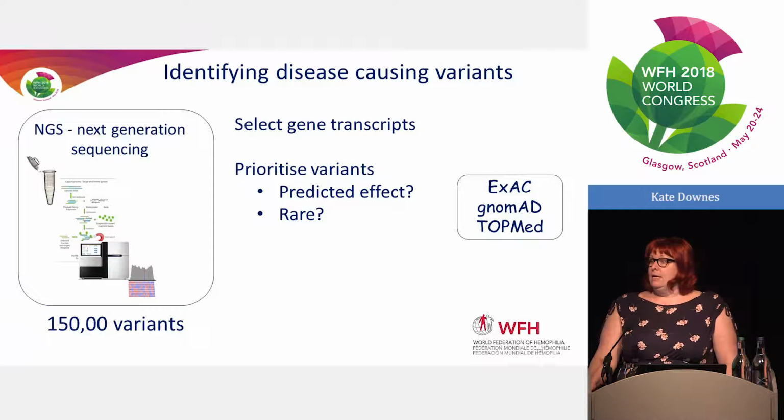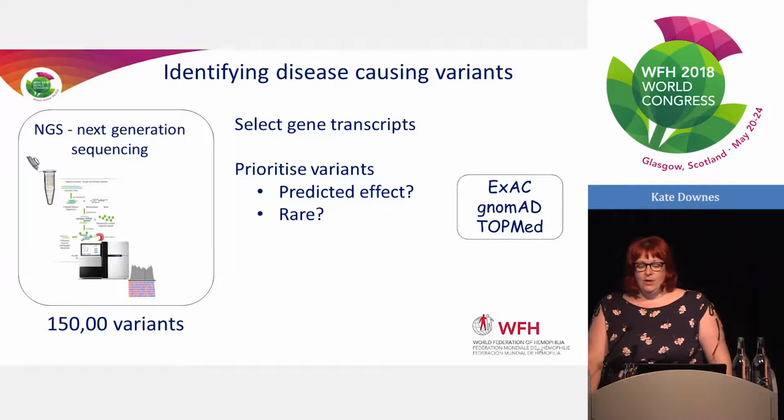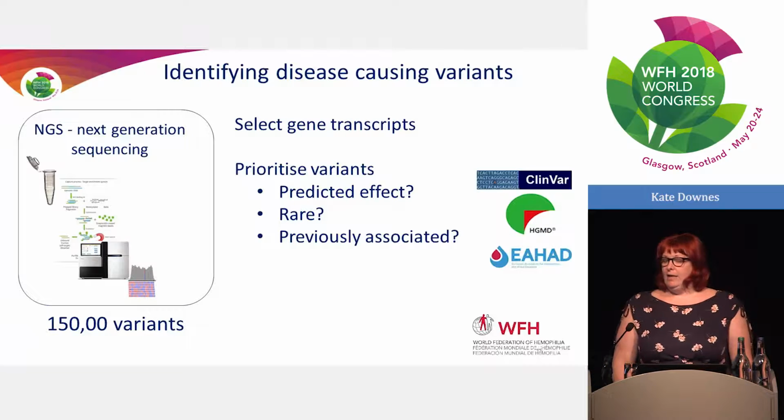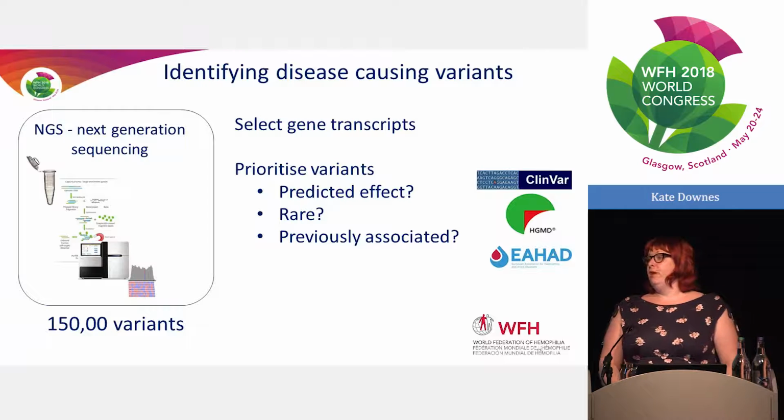So we have these massive databases of control individuals. Some of them have diseases, but we can use the frequencies of these variants in these populations to try and distinguish rare variants from more common variants. And finally, what we ask is, has this variant been previously seen?